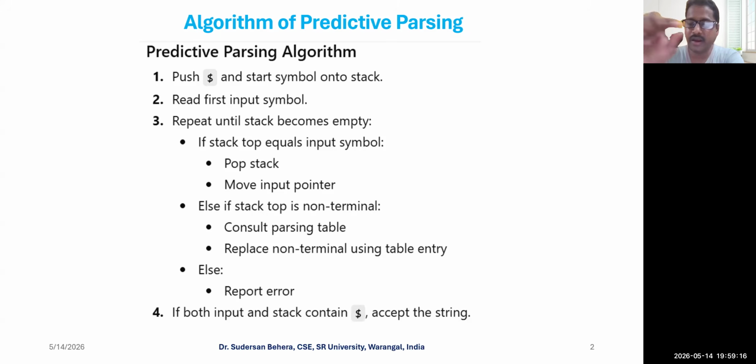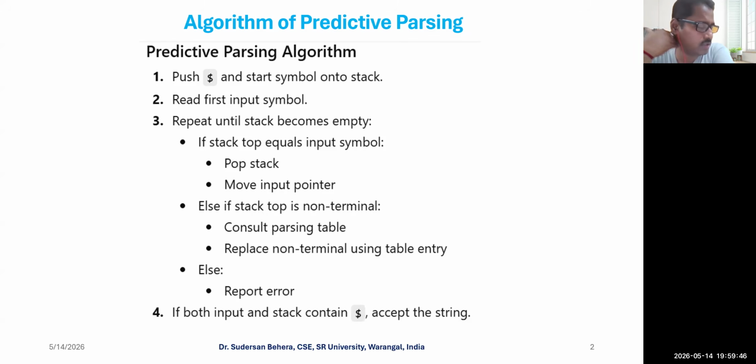I mean, the end of the input buffer is called EOF, end of the file. That end of the file in the input buffer is marked by dollar, and the bottom of the stack is also marked by dollar. If nothing is there to read in the input buffer, that means the input buffer is empty. Nothing is there to read and nothing is there to replace.